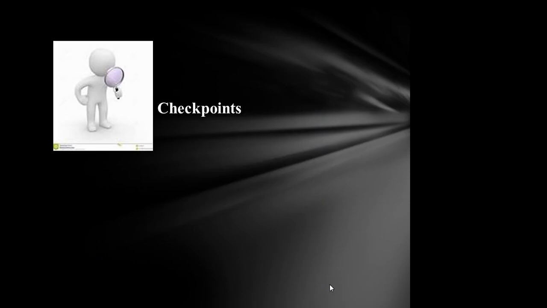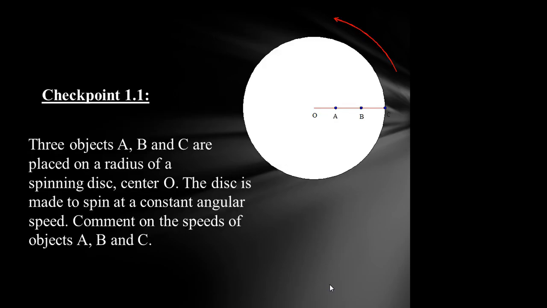Right? So if you think you're good, you can check your answer with your friends to these very simple questions. I got 3 objects. They are on a turntable or a CD. Do you all know what CD is? Yes. So a CD player, the CD rotates at a constant speed, angular velocity, sorry. And these 3 objects, A, B, C, are on it. And they're at varying distances from the center of the CD.